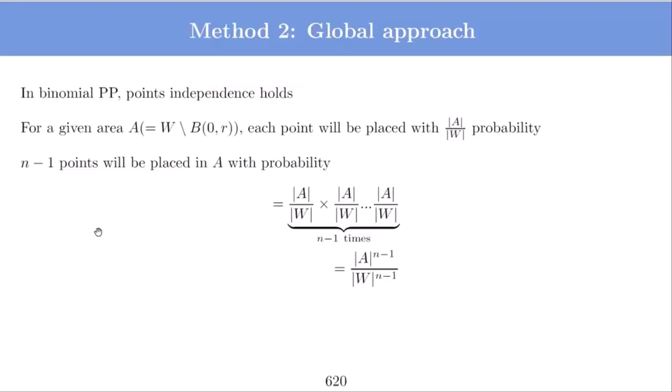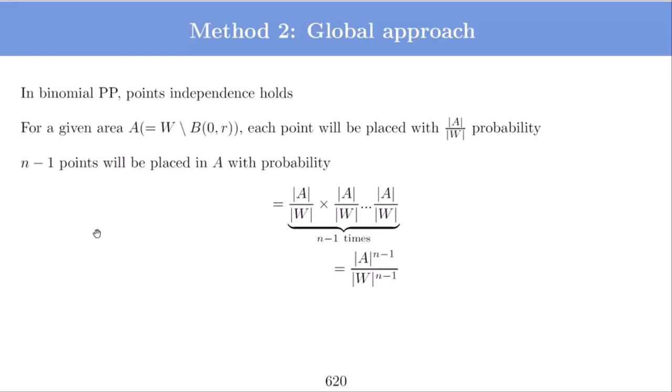From the binomial point process, I know that in any area A, a point will be placed with probability A by W. Here, A is equal to W minus B(0, r). So n minus 1 points will be placed in A with probability, they are all independent, so if one point is placed with probability p, n points will be placed with p to the power n. Here we have n minus 1, and the individual probability is A by W. So we get (A by W) to the power n minus 1.